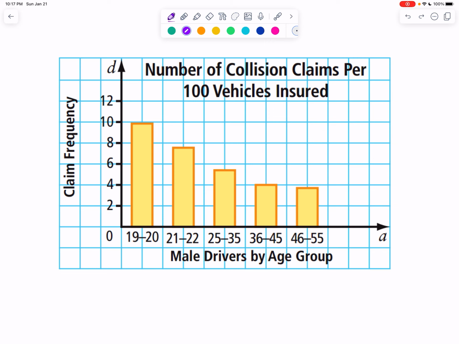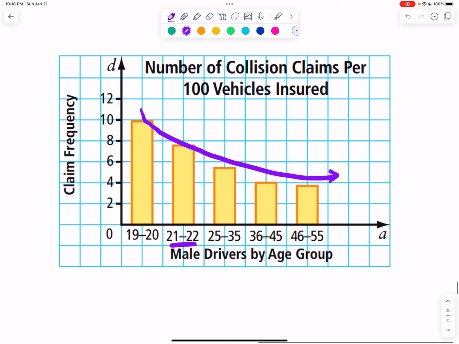Okay. Now, if I'm talking about a trend going on here, I think it's fair to say that as the ages of our male drivers goes up, the number of claims go down. When we're talking about a trend, we want to talk about those two variables in our data, and not just say it goes down, right? We want to be more specific.